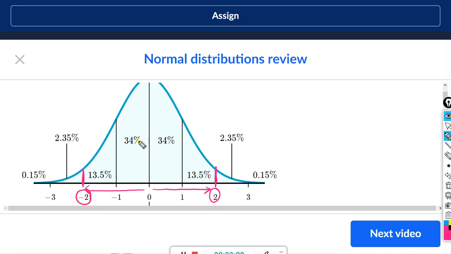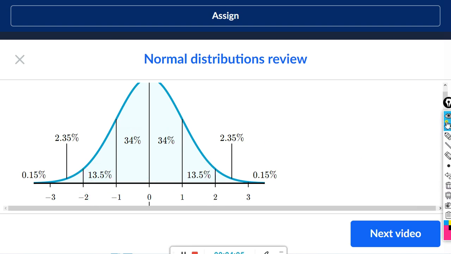If you added 13.5 plus 34 plus 34 plus 13.5, this portion is going to be 95% of the entire curve. So 2 standard deviations to the right, 2 standard deviations to the left, and that represents 95% of your data.